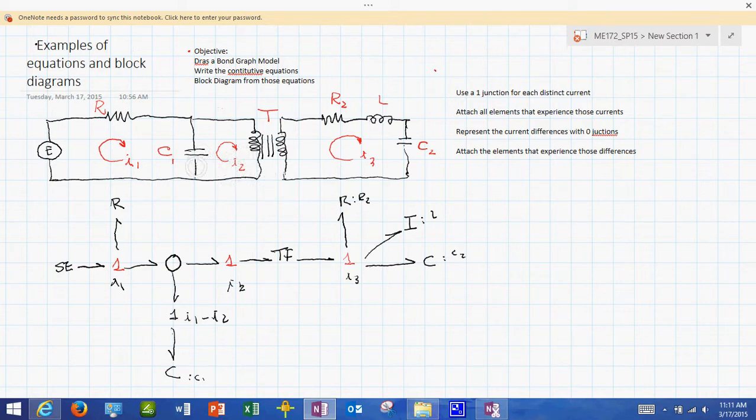Okay. So once we have this bond graph model, we assign the causal marks. So I am going to change colors here again. First, we assign it to the source. CAMG will do this for you, but I believe it's better to also know how to do it by hand. But using integral form, that makes this element like this. And because of that, this like that.